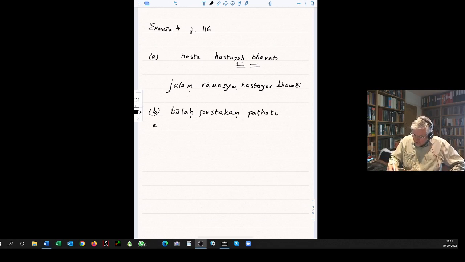So C. So the hero, the viraha, but in the house of the king, nrapasya grihe. So voiced consonant n, viraha becomes viro, nripasya grihe, eva tishtati, stands.